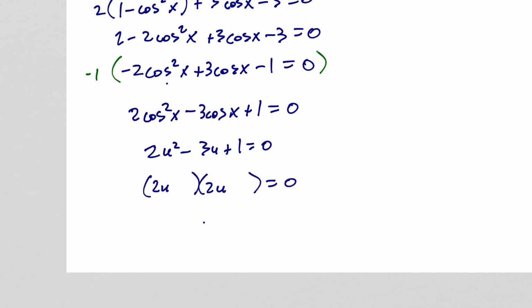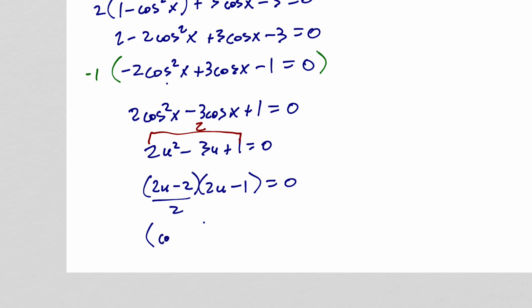All right, what multiplies to make positive 2 and adds to make negative 3? It's going to be minus 2 minus 1. And then I'm going to divide out the 2. I'm kind of going to do this all in one step, and I'm going to replace u with cosine.